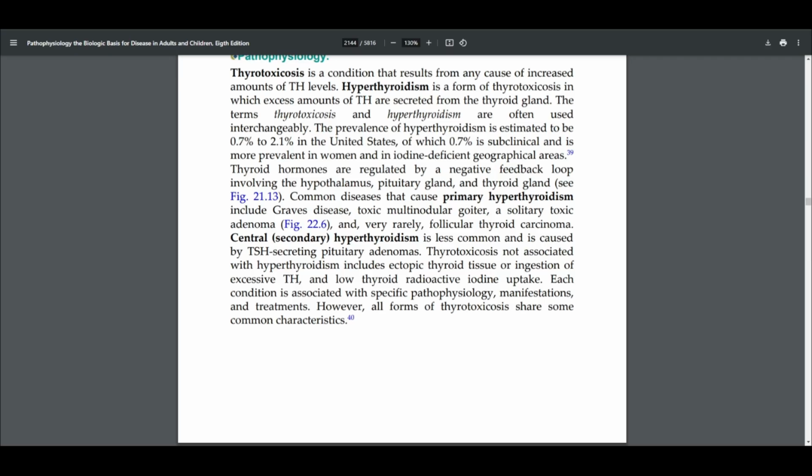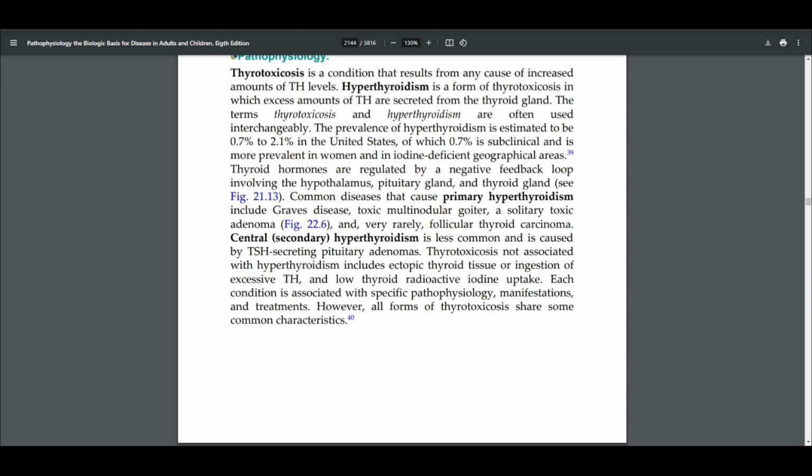Central hyperthyroidism is less common and is caused by a TSH-secreting pituitary adenoma. Thyrotoxicosis not associated with hyperthyroidism includes ectopic thyroid tissue or ingestion of excessive TH, and low thyroid radioactive iodine uptake. Each condition is associated with a specific pathophysiologic manifestation and treatment.